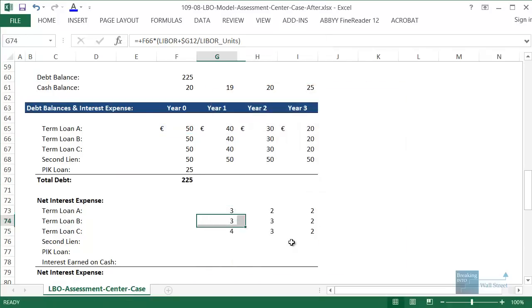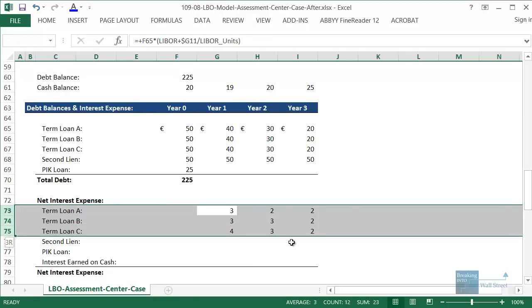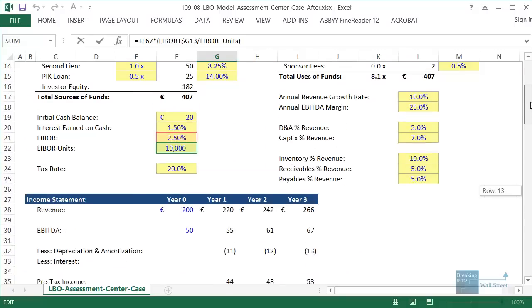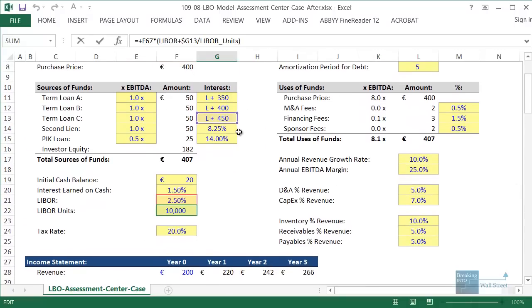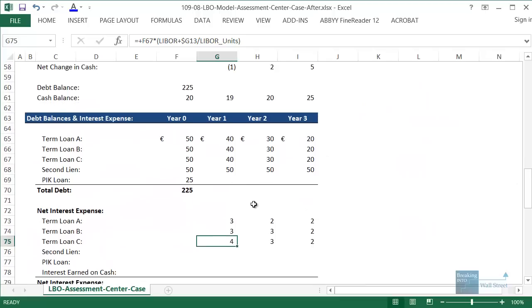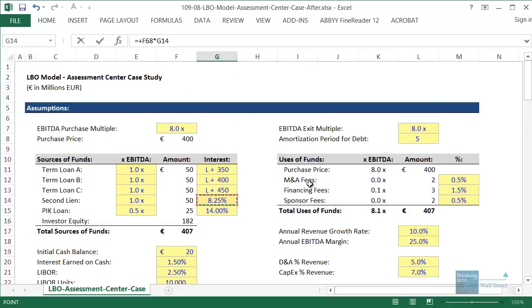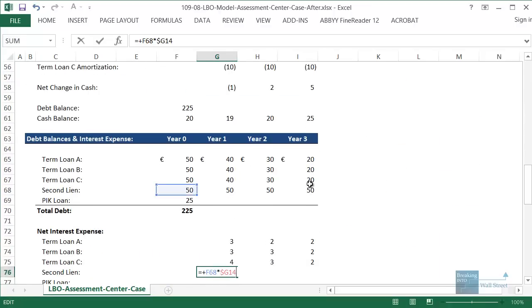So we have that, and we can see that this goes down over time as the debt is repaid. If you wanted to, you could just go in quickly and check that you're making sure to link to the correct items here. We have that. Now for the second lien debt, we'll take the number here and then multiply by our interest rate of 8.25%. Anchor that again.